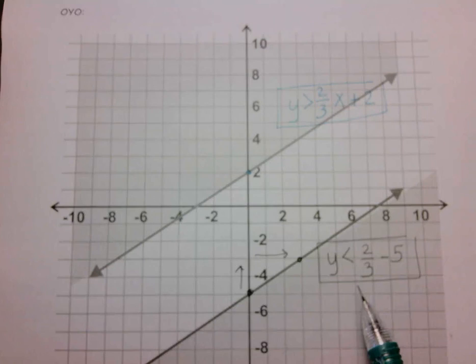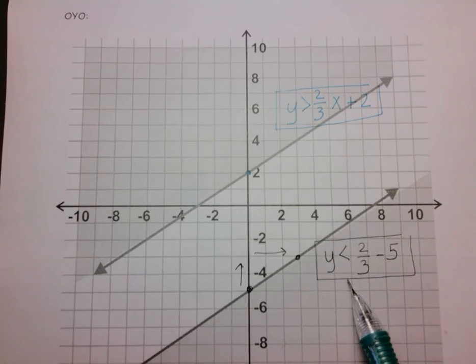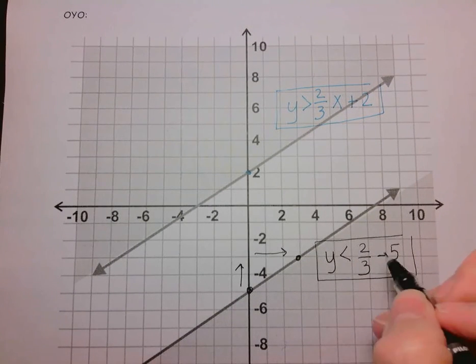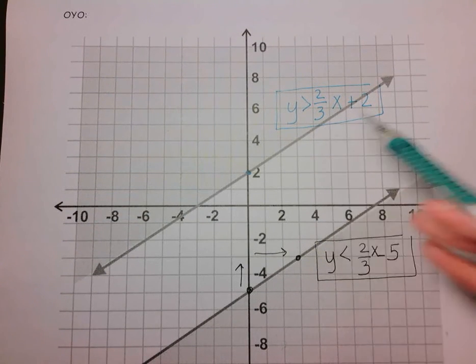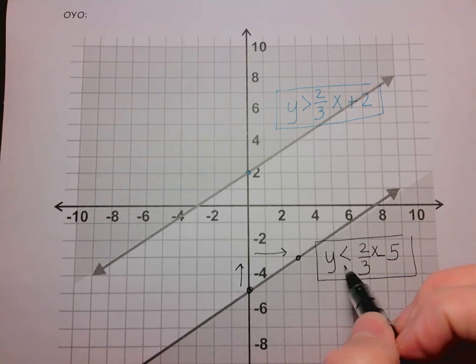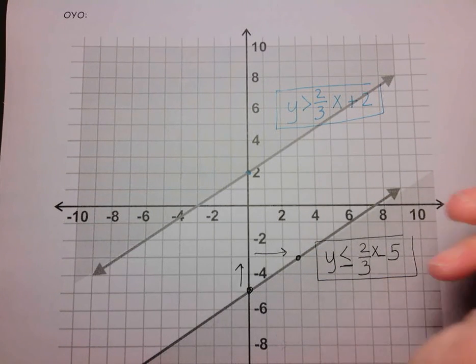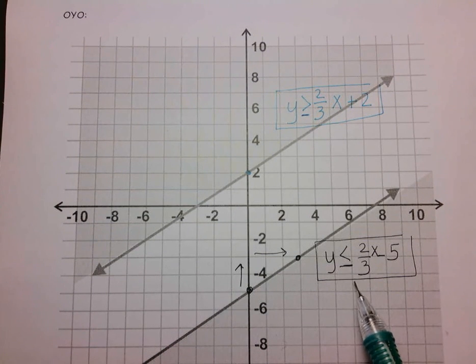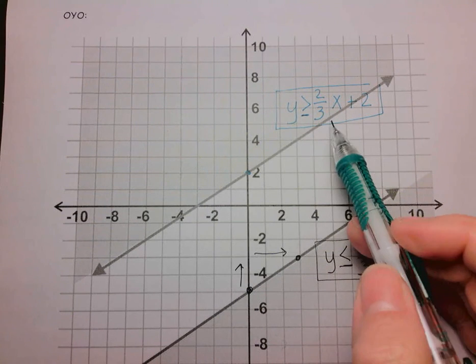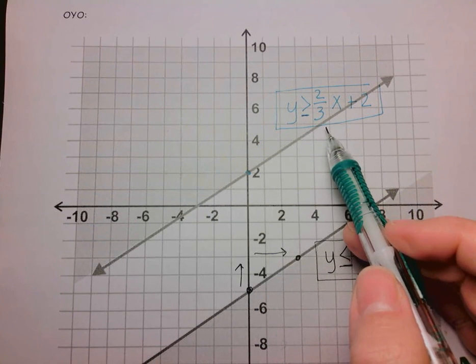This line is y is less than 2 over 3 x minus 5, and this line is y is greater than or equal to. Sorry. Once again, this is y is less than or equal to 2 over 3x minus 5, and this is y is greater than or equal to 2 over 3x plus 2.